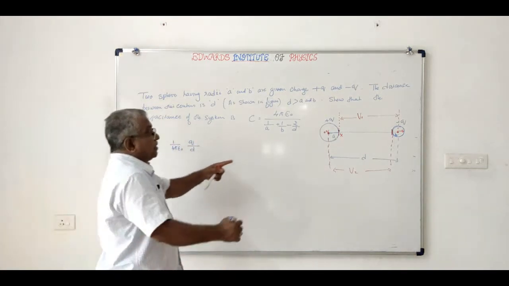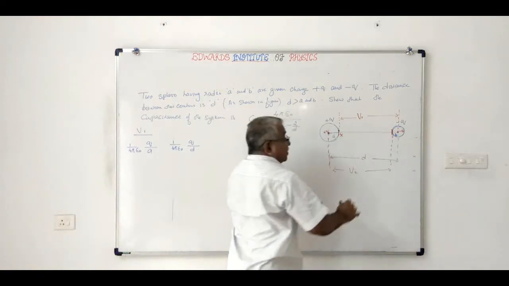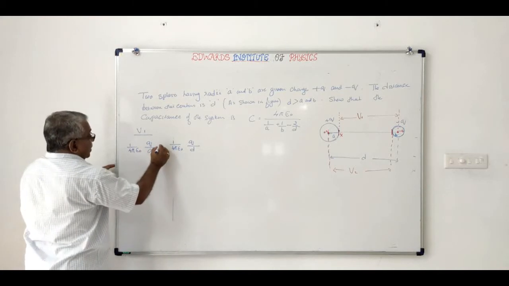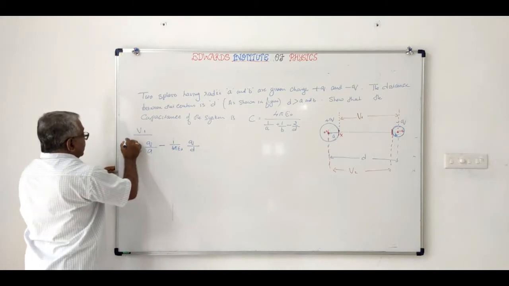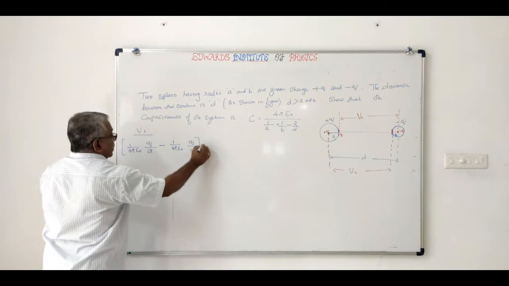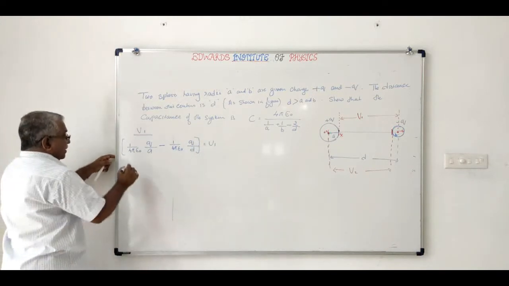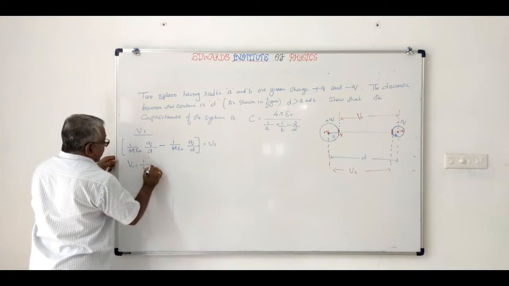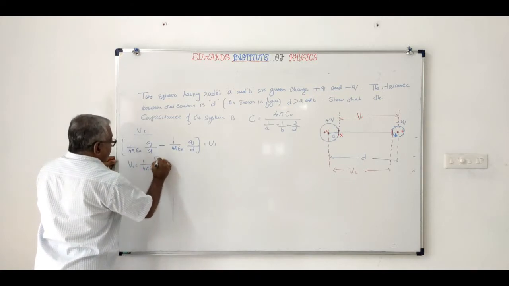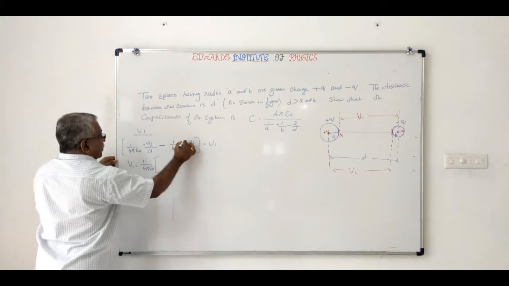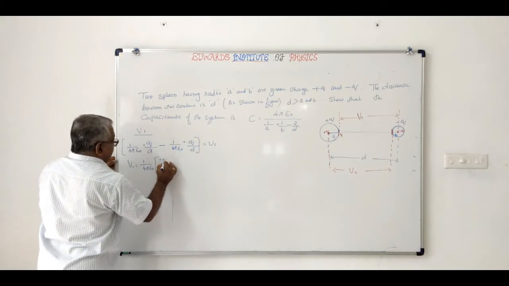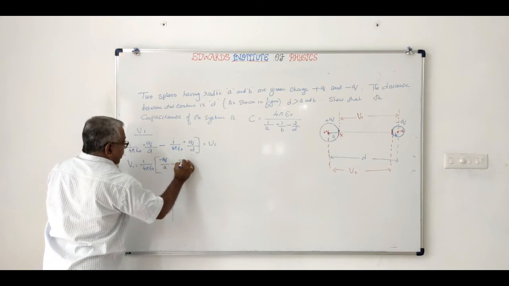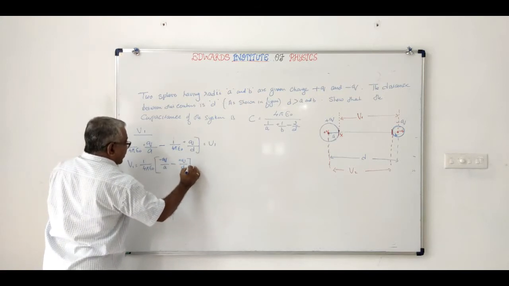Then V1 will be the difference of these two. A is small, so this will be higher. V1 will be equal to 1 by 4 pi epsilon 0 times plus q by A minus plus q by d. This is V1.